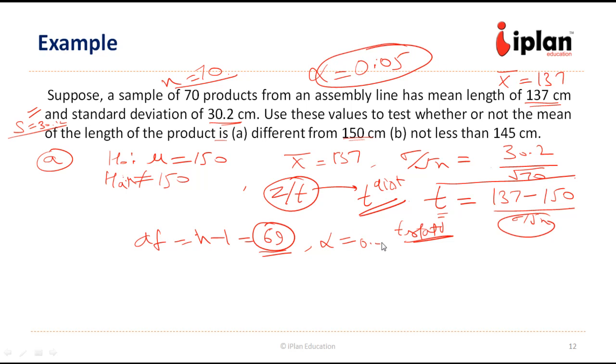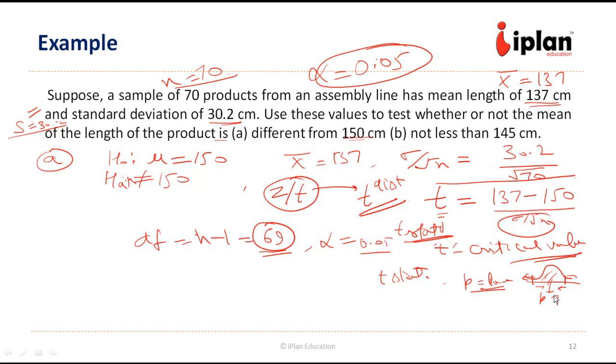For 0.05 we can calculate the critical value of T. Now if this T statistic is greater than the upper limit or less than the lower limit, then we can reject the null hypothesis, so the P value will be lower in that case. But if it is higher than the lower limit and lower than the upper limit, then it is in between and the P value is higher, so we cannot reject the null hypothesis.